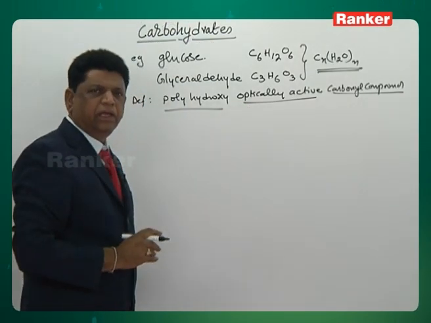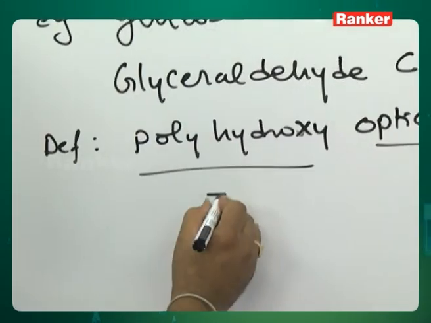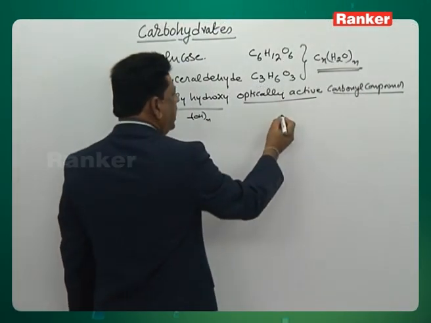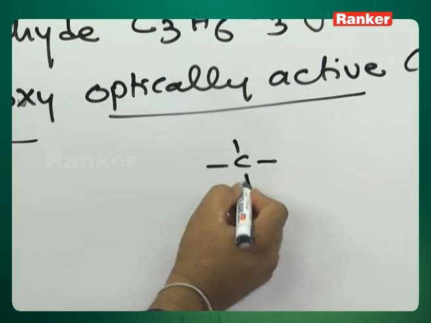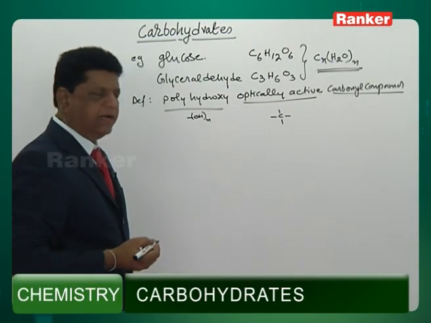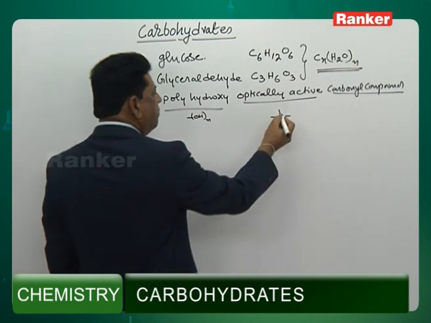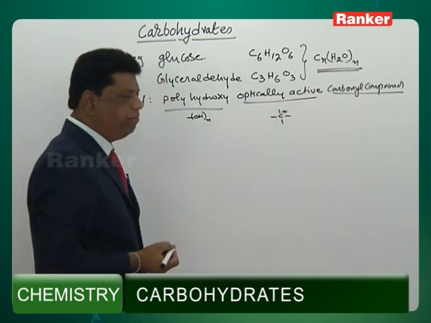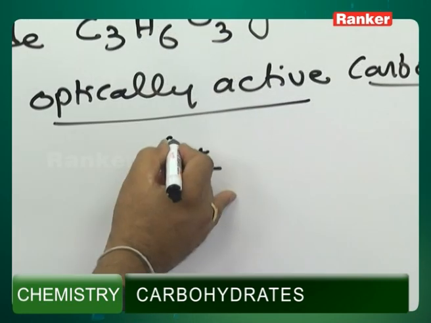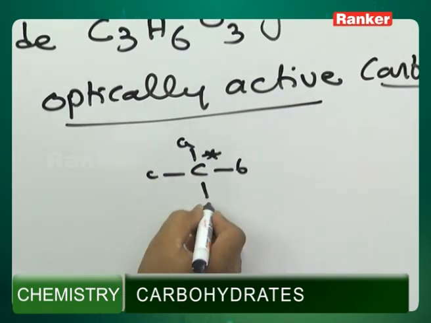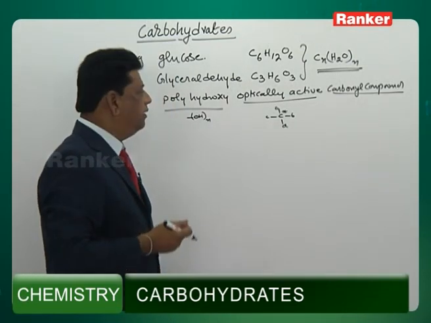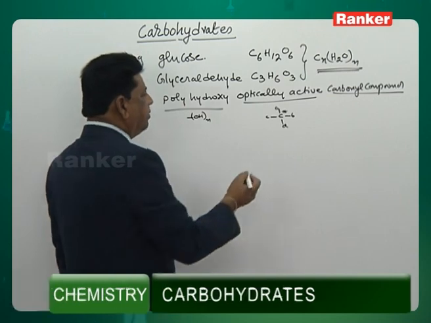Polyhydroxy means a number of OH groups should be there, n number of OHs. Optically active, at the basic level of understanding, means a carbon containing 4 different groups. Such a carbon we identify as a chiral carbon. If A, B, C, D groups are there, such a carbon we call a chiral carbon. That optical activity comes from the presence of this carbon.